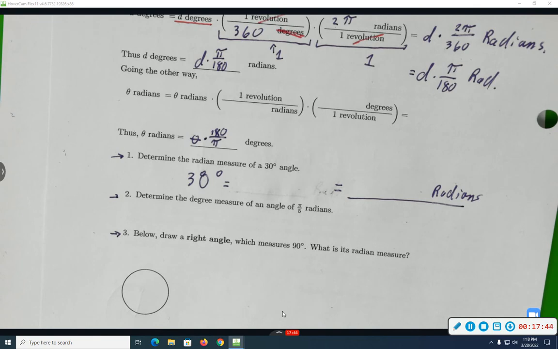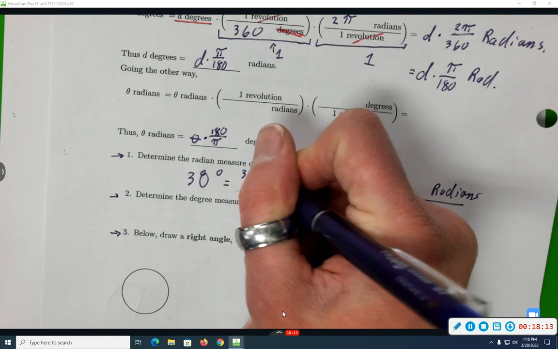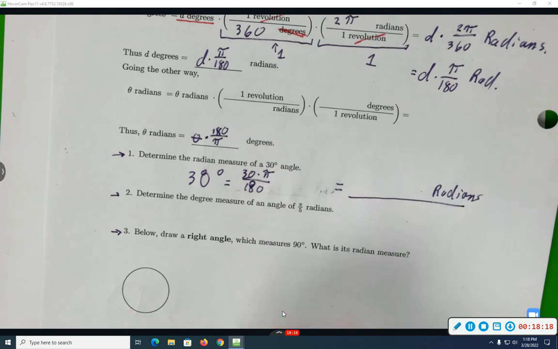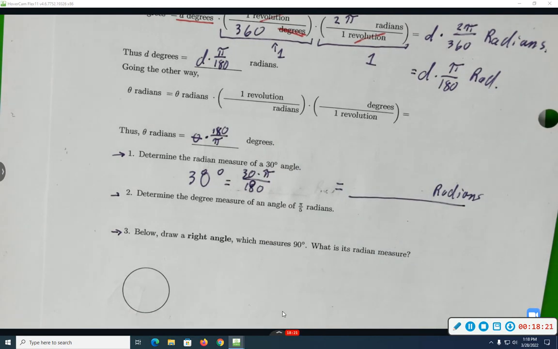So, what are people getting? I got 30 pi over 180. Sure. Is there any simplification you could maybe do to that?